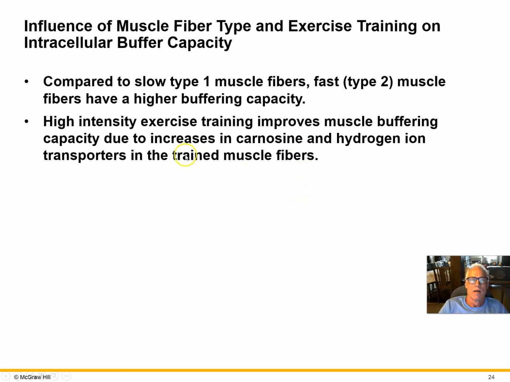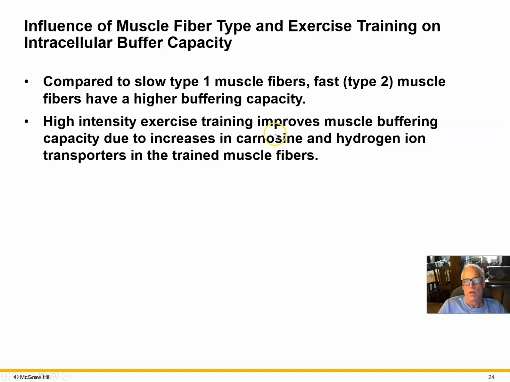So high intensity exercise adaptations include increasing the amount of those transporters and increasing the buffering capacity. We said that there are intracellular buffers: bicarbonate ion, proteins, hydrogen phosphate. We're going to increase those buffers in response to high intensity exercise.